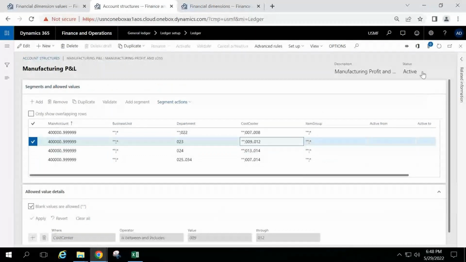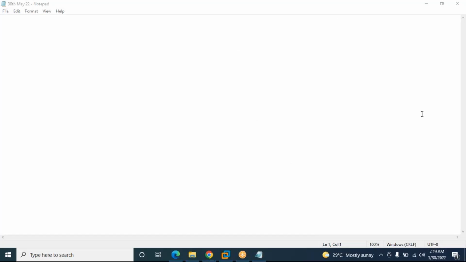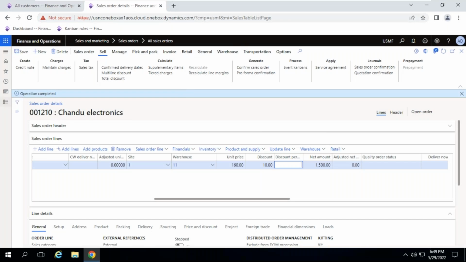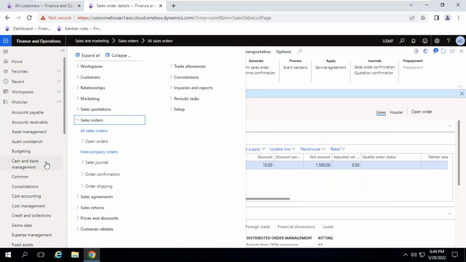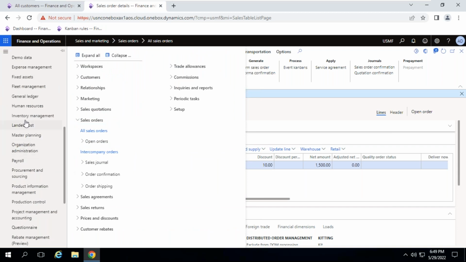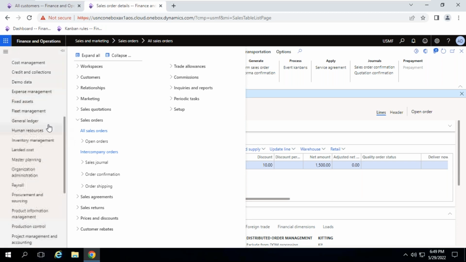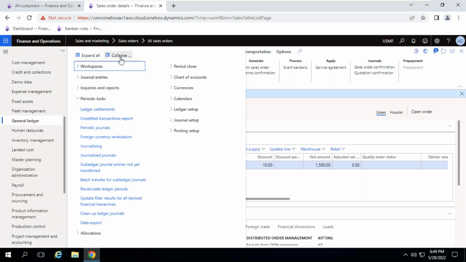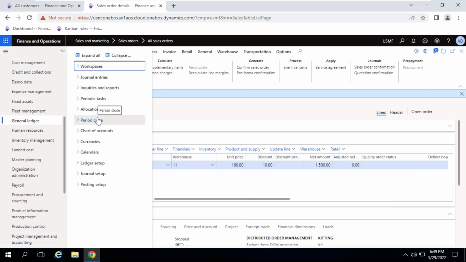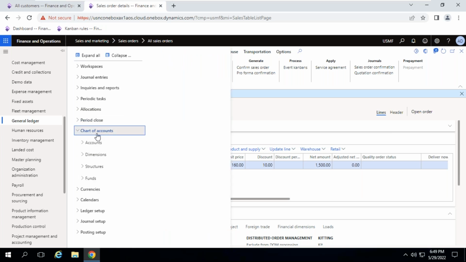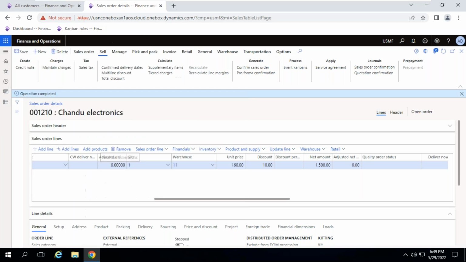Let me share my screen. Now look at my screen. His question is definitely something that should be asked by everyone. We should know about this one. If you go to general ledger, collapse all, chart of accounts, financial dimensions.